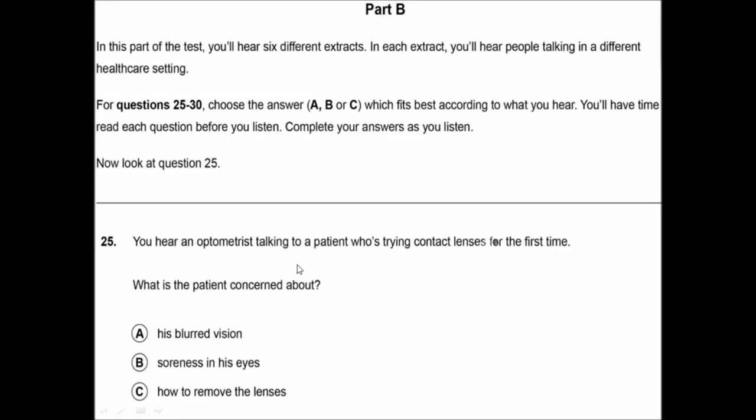About 25 to 30 seconds will be given after the audio stops. In this time you can easily read the question and answer options. There are only 3 answer options, so don't worry at all; OET listening part B is very easy.